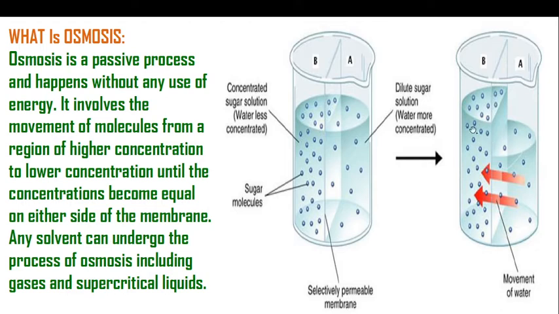So here is the movement of molecules from a region of higher concentration to a lower concentration, and that ends up in equality. Any solvent can undergo the process of osmosis, including gases and supercritical liquids also.